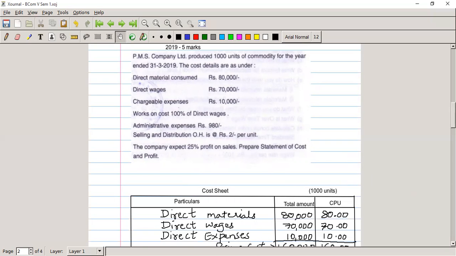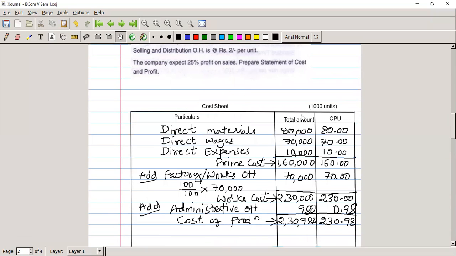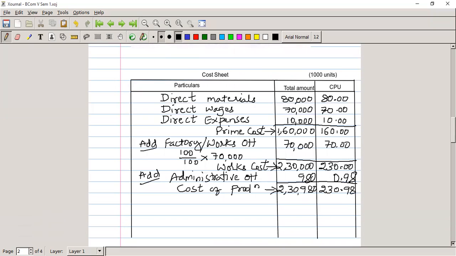So add selling and distribution overhead. It's given as rupees 2 per unit.